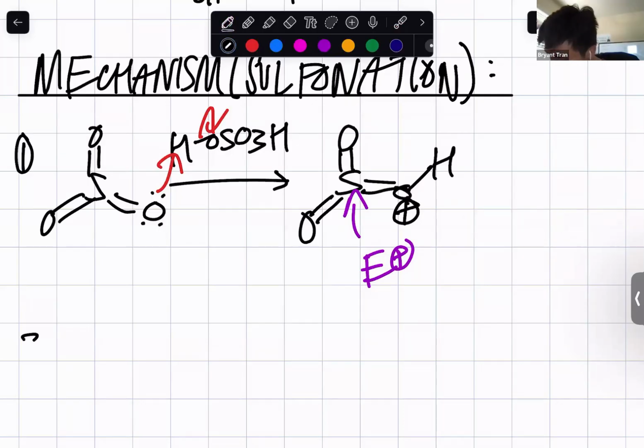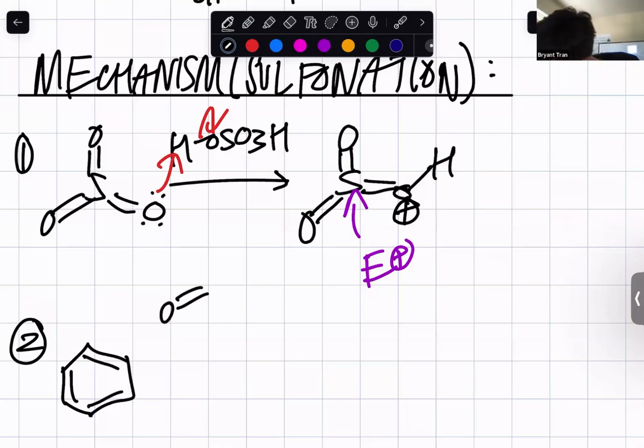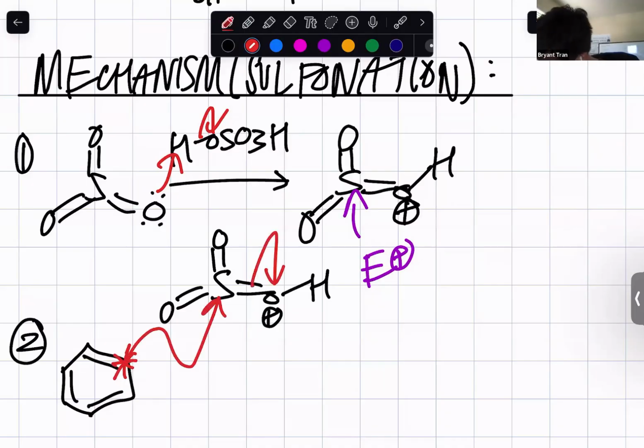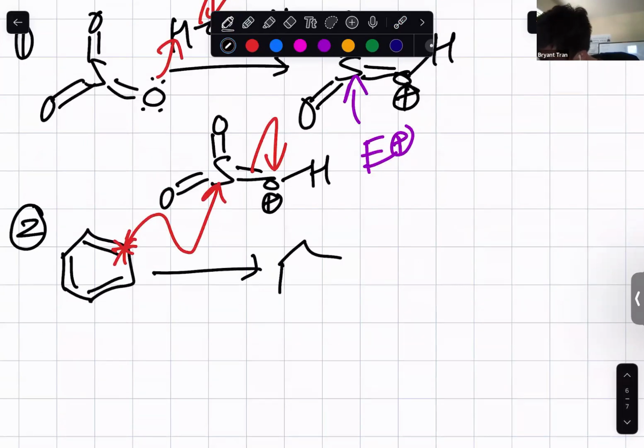Now our second step is to have our nucleophilic benzene attack our electrophile that we formed in the first step, pop the double bond onto the oxygen, and give us this intermediate here where we break the aromaticity.